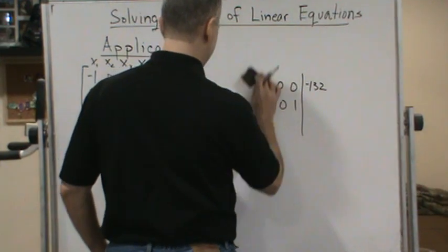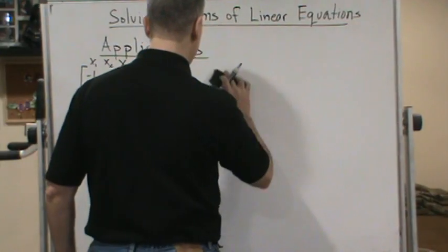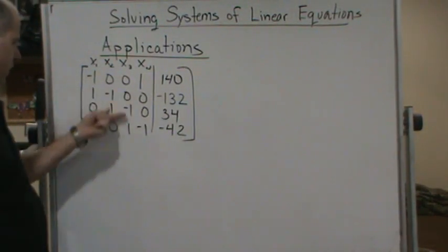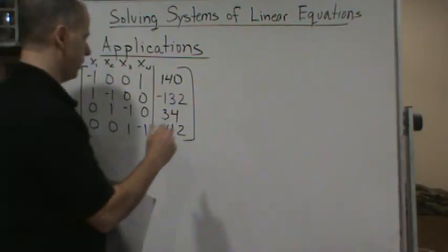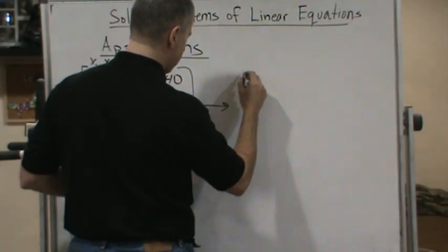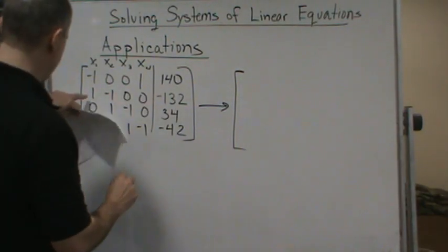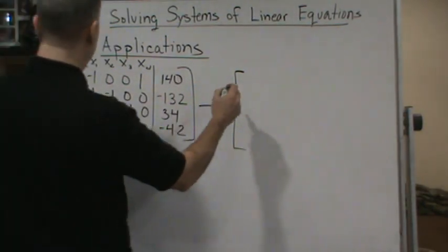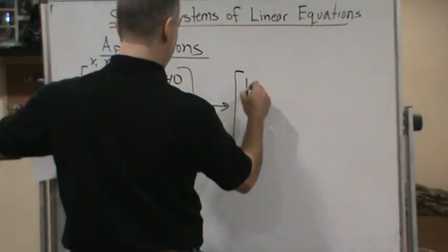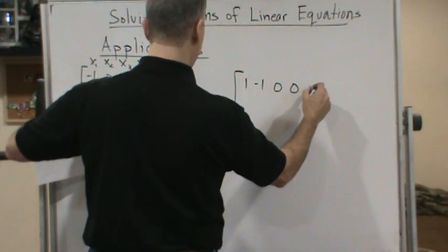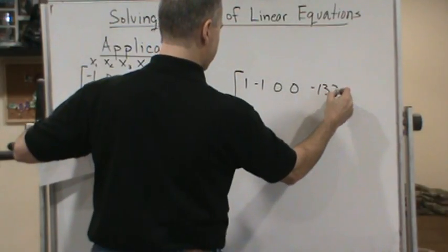Yeah, let's do that. So in this case here, I'm using the elementary row operations to do this, right? So you should know that we can swap any of these rows. So let's just move the rows around so that we have all of these in the right order. So let's put number 2 as number 1. So this is going to give us 1, -1, 0, 0, -132.